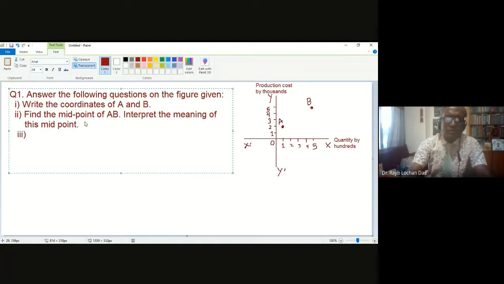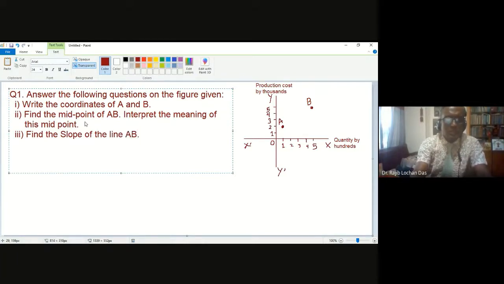Number 3 question is: find the slope of the line AB.